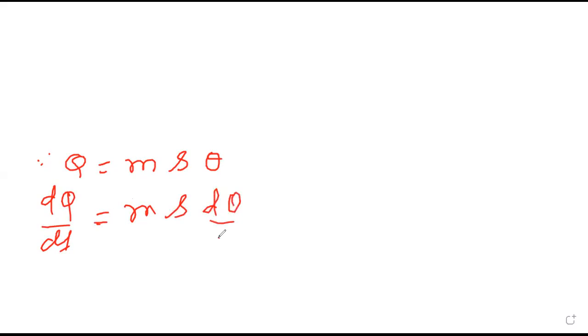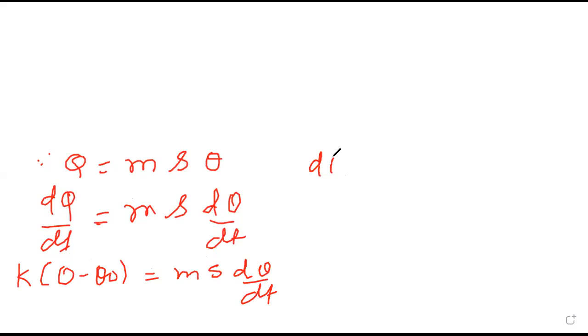Since we all know that heat is also mass into specific heat into temperature. So dQ by dt, mass cannot change when heat is given out. Specific heat cannot change, only temperature is reduced. So this is K into theta minus theta naught is m s d theta by dt. So we can say d theta by dt is K upon m s into theta minus theta naught.